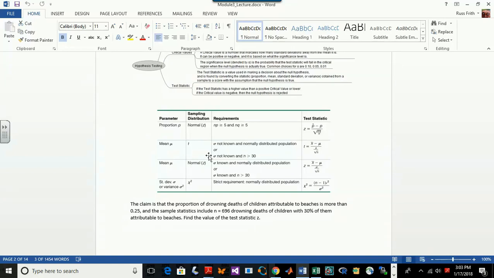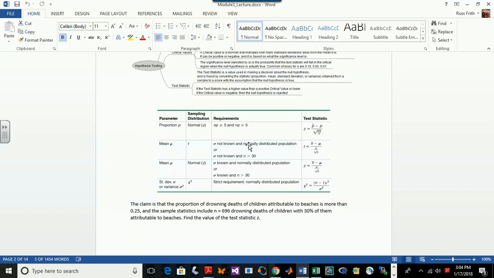N is 17, and there was no mention of standard deviation, and N is not bigger than 30. So it seems to fall into the category that sigma is not known, and there was no mention of the salary distribution being normally distributed.